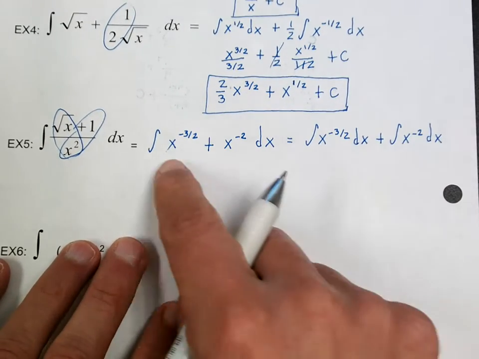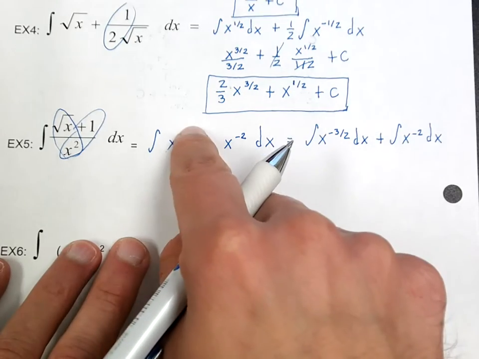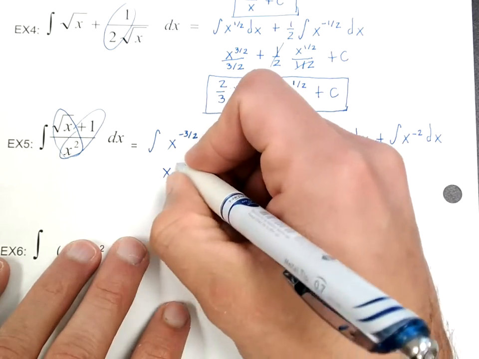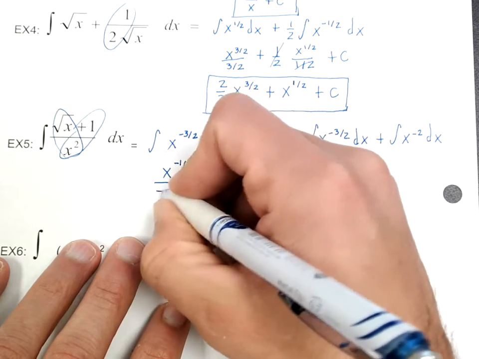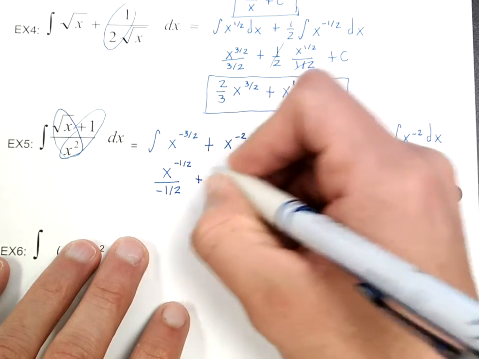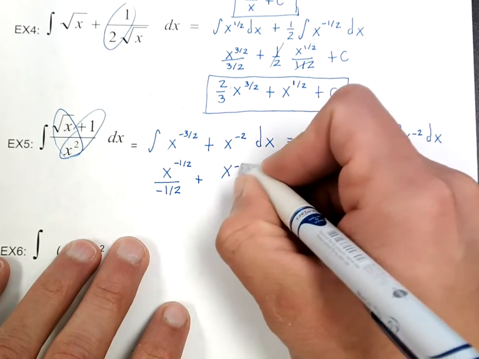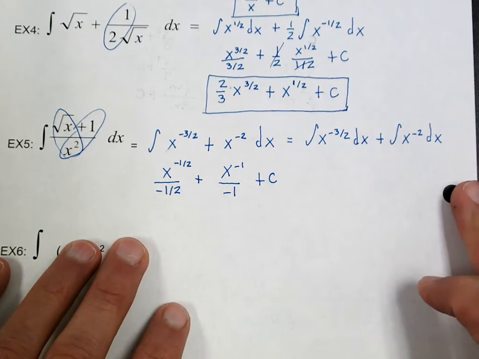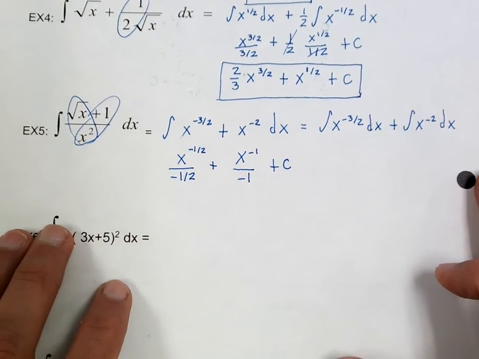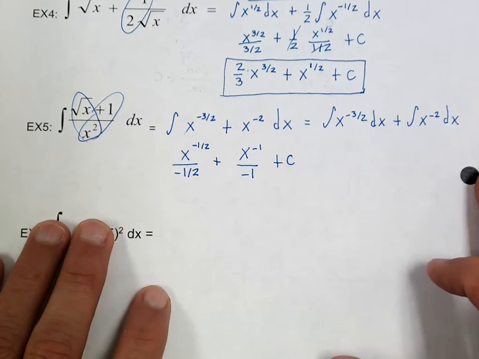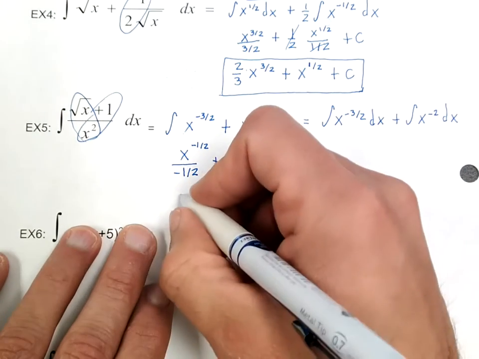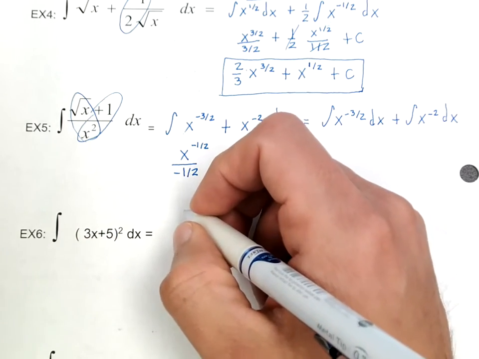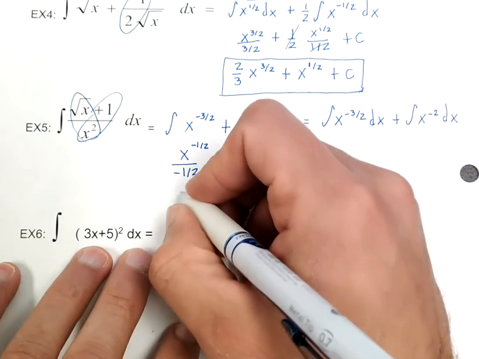Alright, so I'm going to take the integral of this, I'm going to add 1 to this power. So I would have x to the negative 1/2 divided by negative 1/2, plus, if I add 1 to this, x to the negative 1 over negative 1, plus c. Now, divided by negative 1/2 is the same thing as multiplying times negative 2.